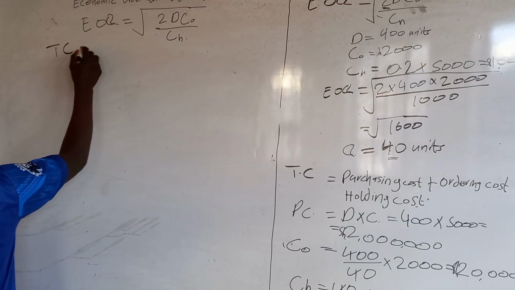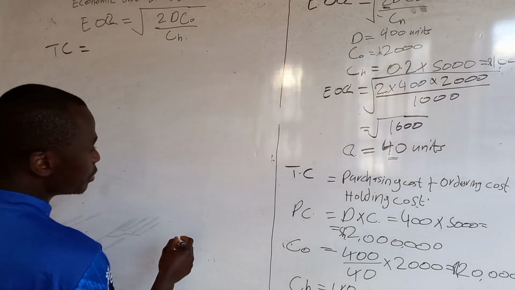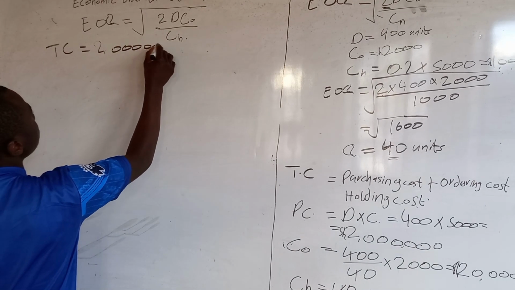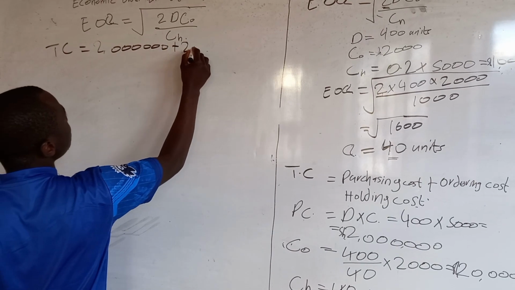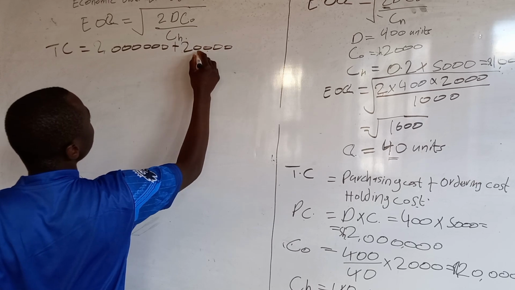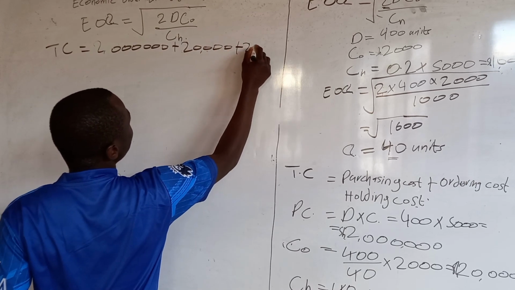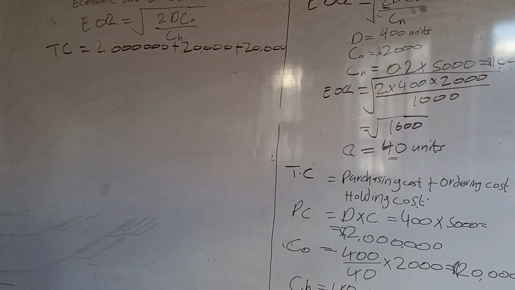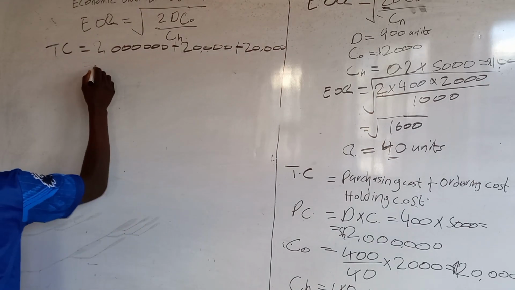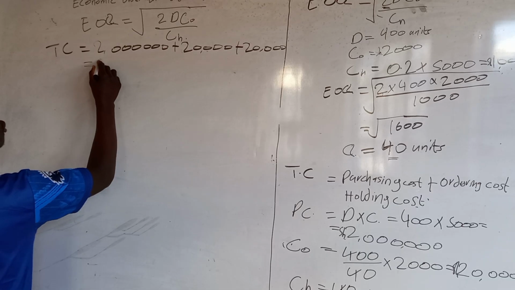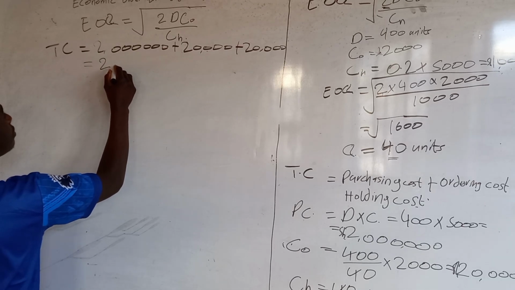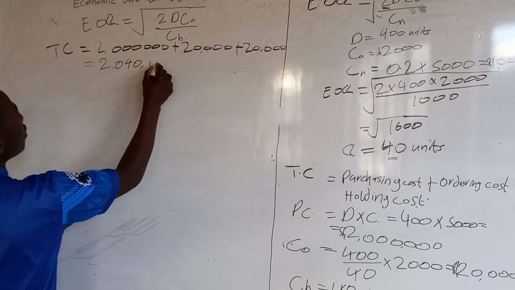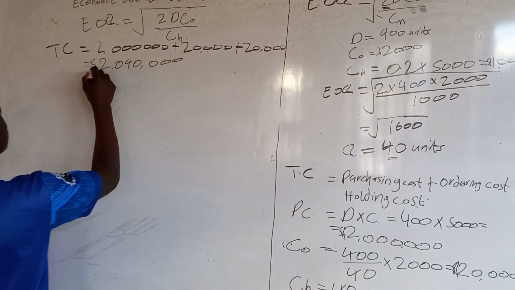Total cost therefore will be 2 million plus 20,000 plus 20,000 plus 20,000. This will give us 2,040,000 shillings.